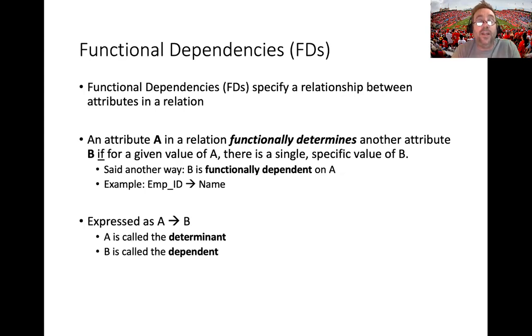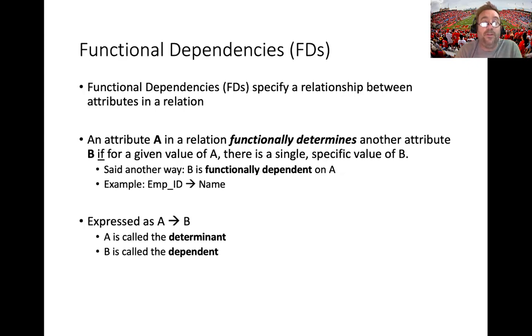So let's say it another way. Our attribute employee ID functionally determines name if, for a given value of employee ID, there is a single specific value of name. So if my employee ID is 123 and the only name for employee ID 123 is Richard Skinner, then we have a functional dependency.